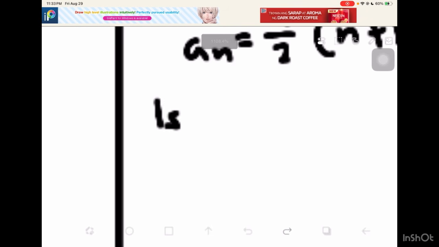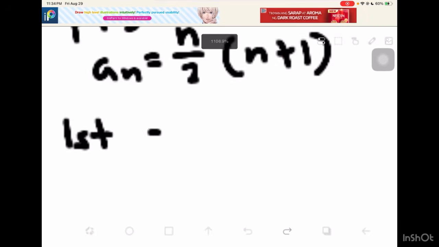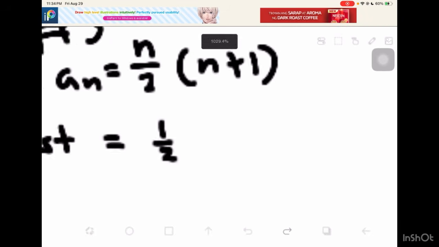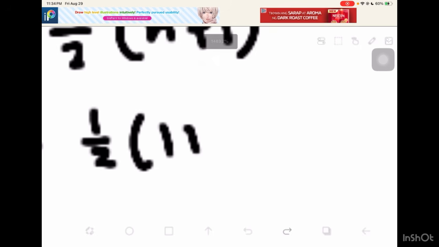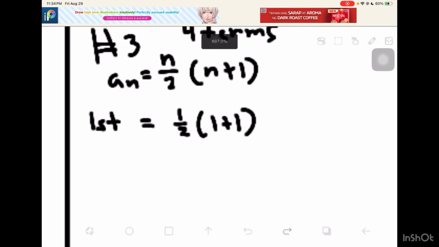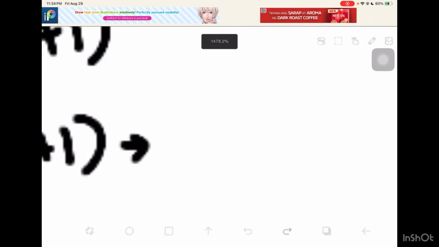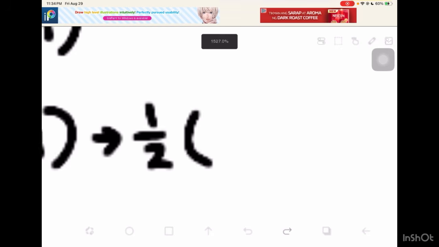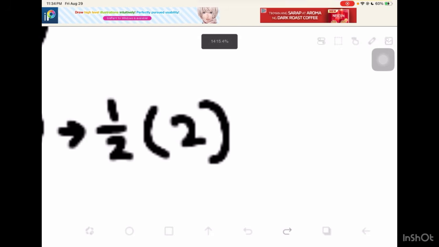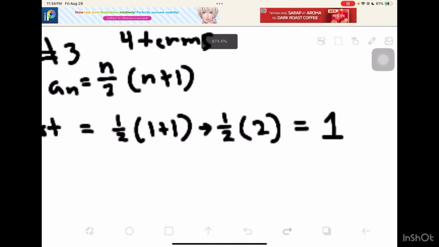So let's do the first term. That's equal to 1/2 of 1 plus 1, which simplifies to 1/2 times 2, which is just 1.